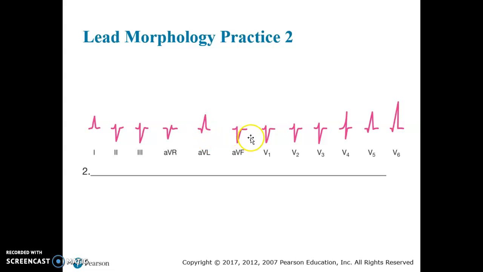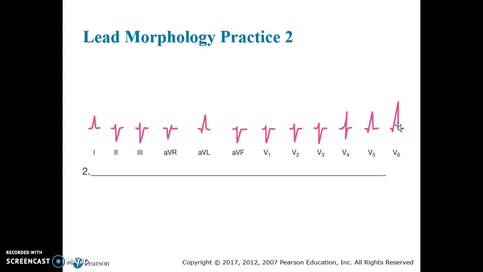AVF is positive, but it's negative here. So when we look at AVF, it's supposed to be positive. Then we look at V1 and V2. These look normal. V3, V4. All right, V4 is isoelectric. V3 is supposed to be going both ways. So we got something going on here. V5 and V6 are both positive. So right here we see that we have abnormal morphology.